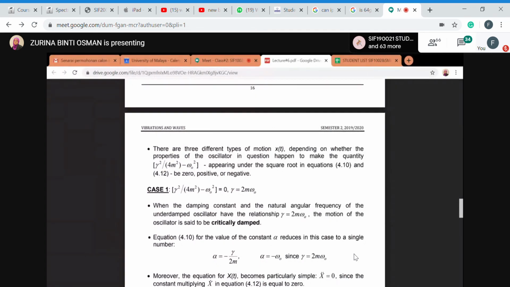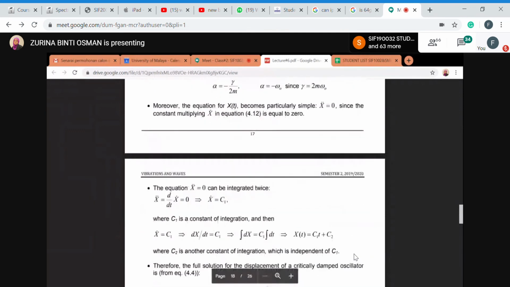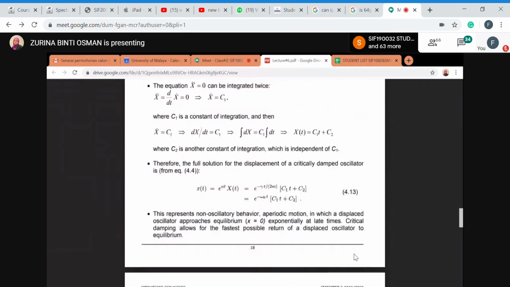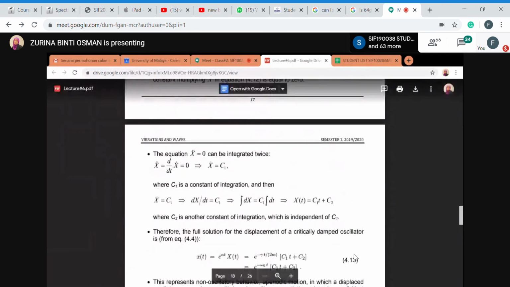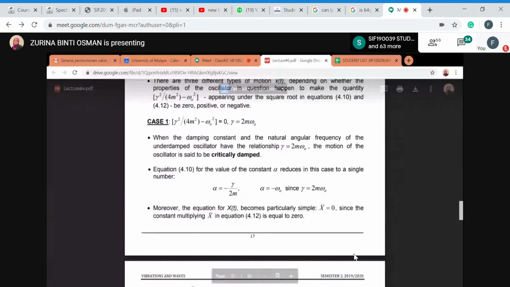For this case, you can read through this. I will not go into detail on it. I want to show you how to get the solution, but I will not ask you to prove it.